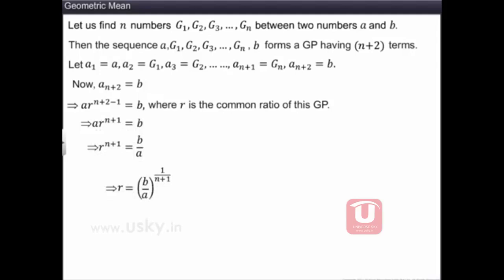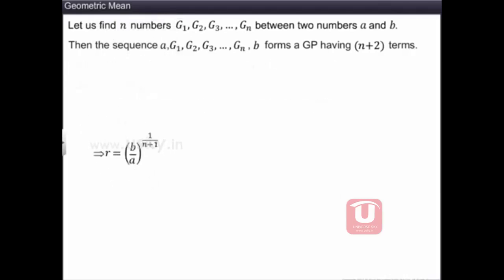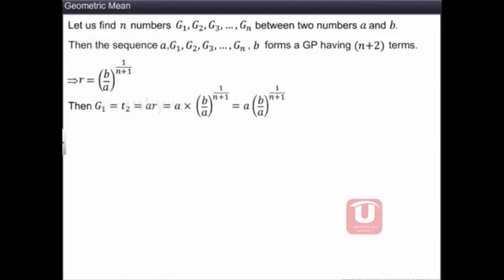g1 is the second term, which is given by a into r. Substituting the value of r, we get a into b upon a whole raised to the power of 1 upon n plus 1. g2 is the third term, which is given by a into r square. Substituting the value of r, we get a into b upon a whole raised to the power of 2 upon n plus 1.